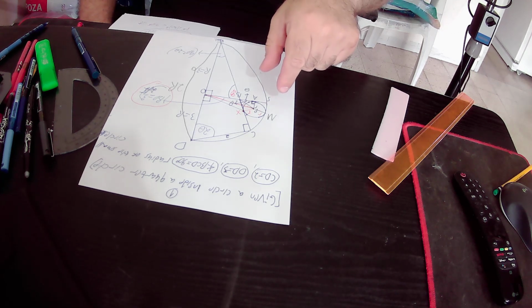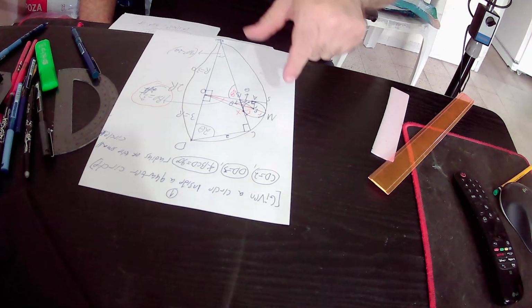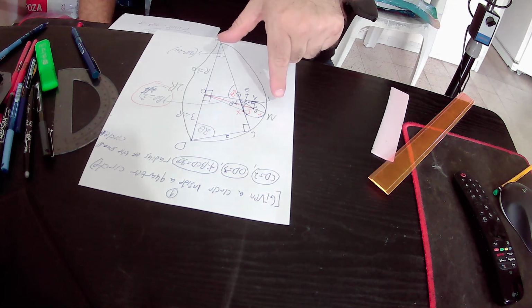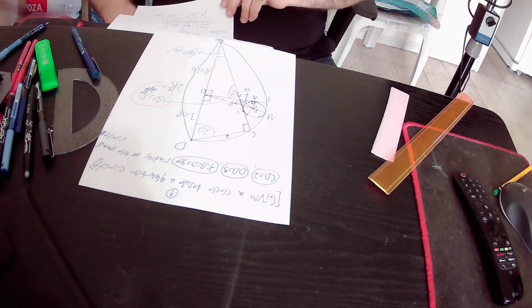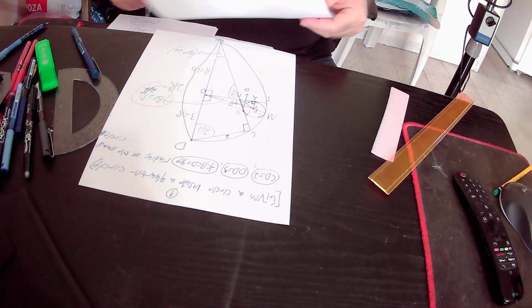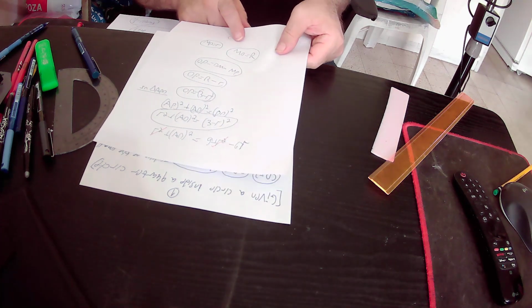MP is the small radius, equal to small r. What is the size of MO? MO equals capital R, the radius of the semicircle.